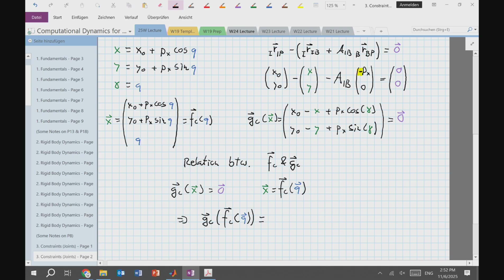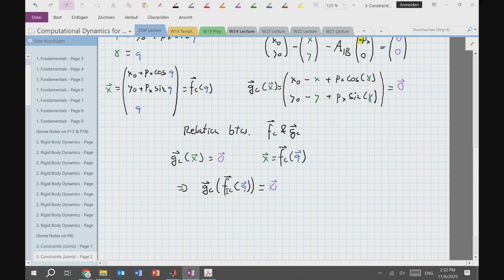What is that? gc of fc of q has to be 0. This equation only allows x that are consistent with my constraint. And if I put an x that is consistent with my constraint into the implicit constraint equation, the constraint is going to be fulfilled, and it will give me 0.